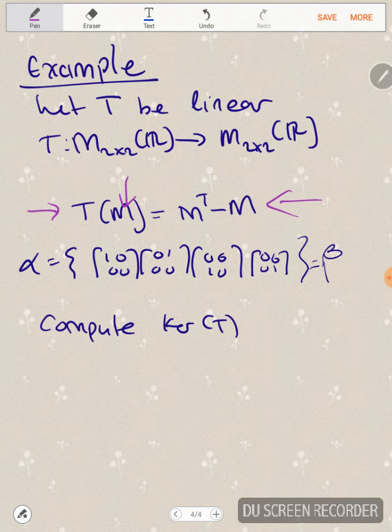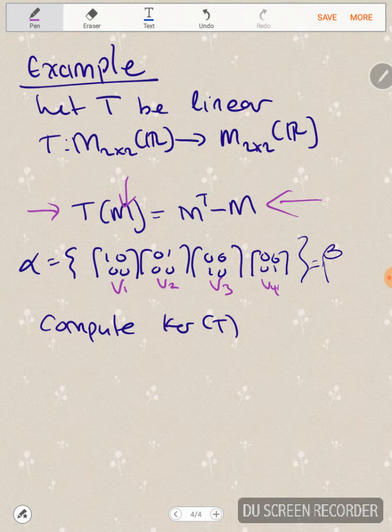In this case, they gave us a basis. So alpha and beta happen to be the same, which makes the question easier to handle. I'm going to name them because I don't want to keep rewriting them. So I'm writing this as V1. This is going to be V2. This is V3, and this is V4. And the question asks us to compute the kernel of T.